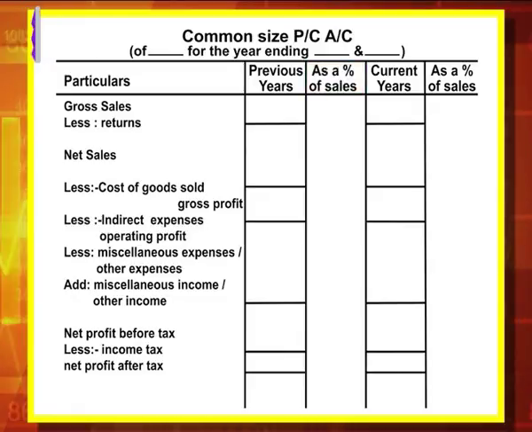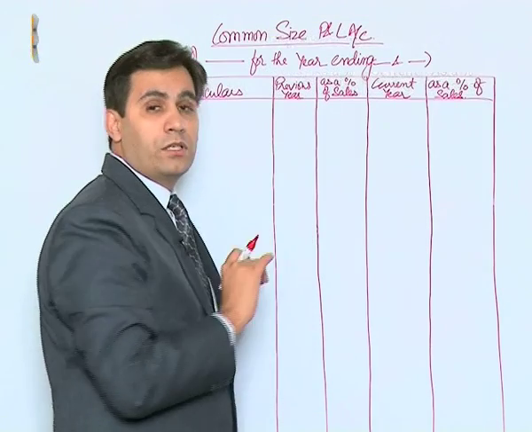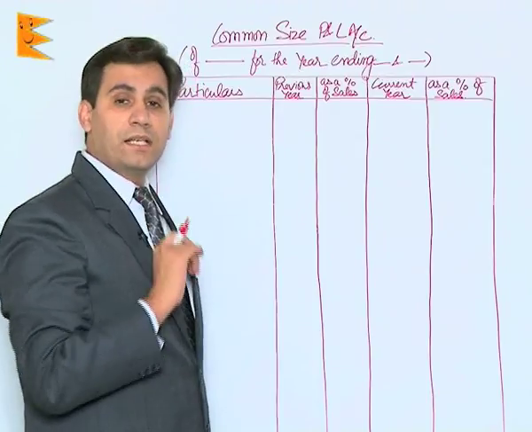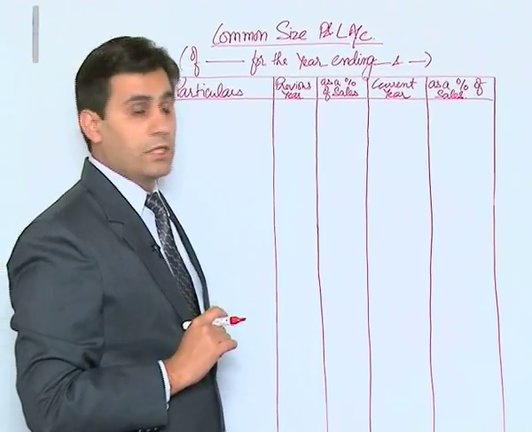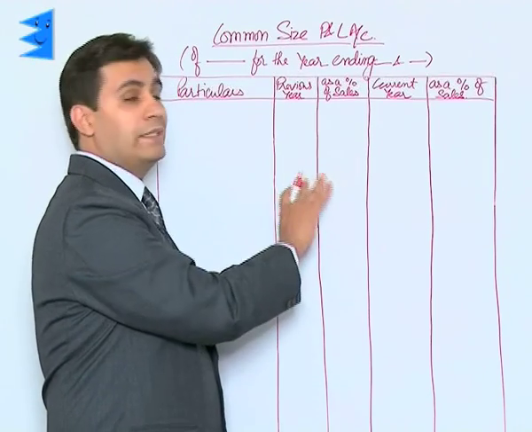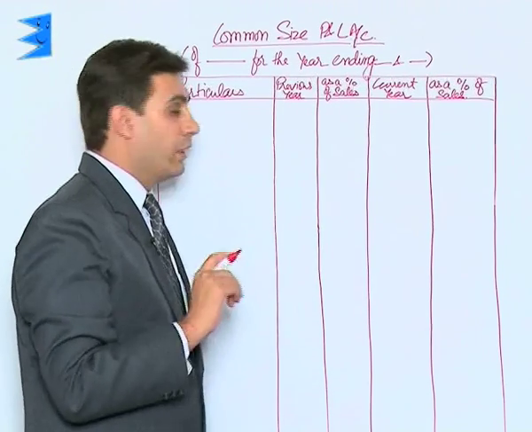In this case we are taking net sales as the base, so percentage of net sales for the previous year. Then we have current year, and the last column is as a percentage of sales for the current year. Now students, the format in the particulars column remains exactly the same as in case of comparative statements. It is only the calculation that is different.